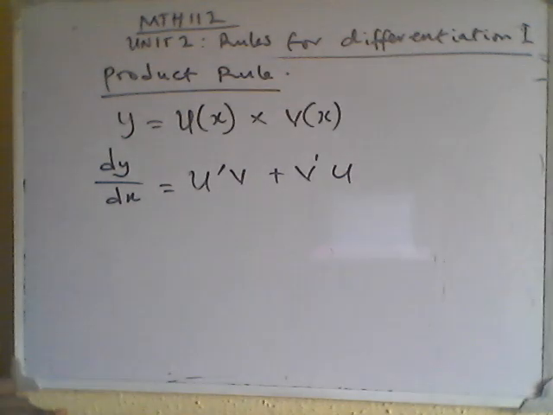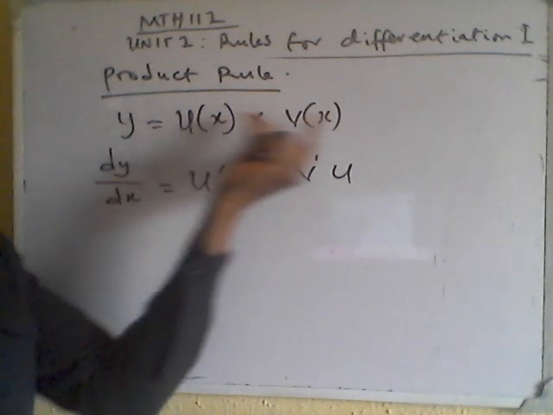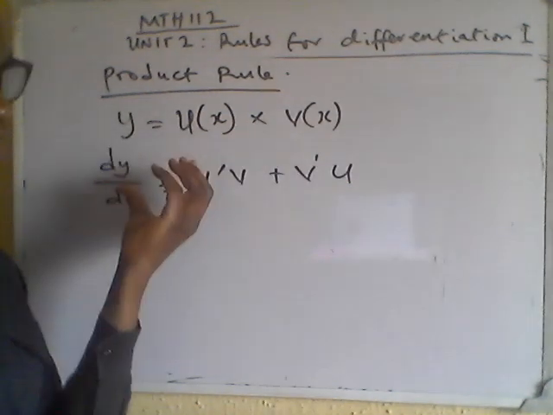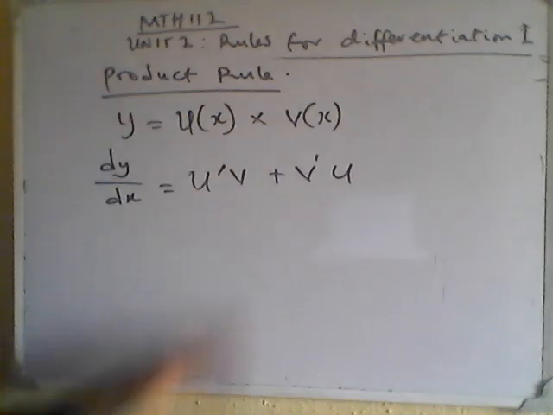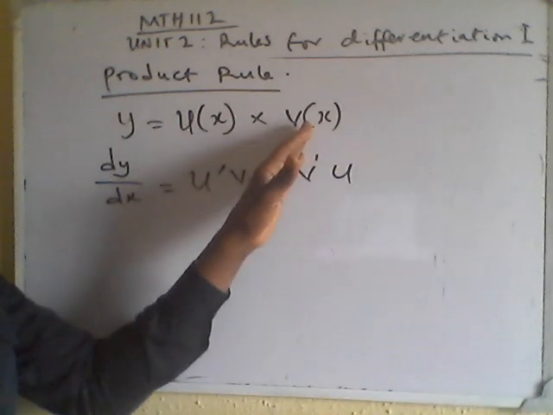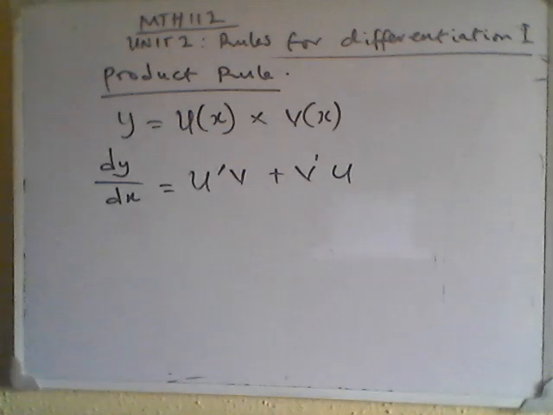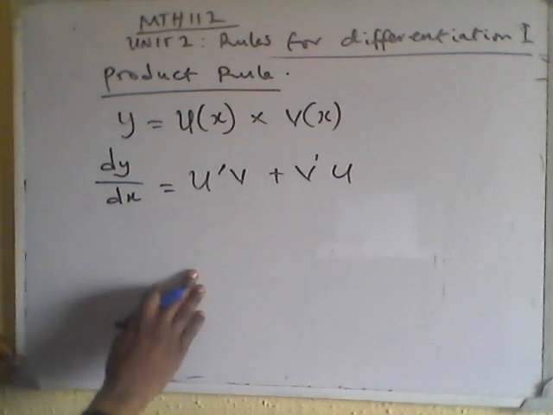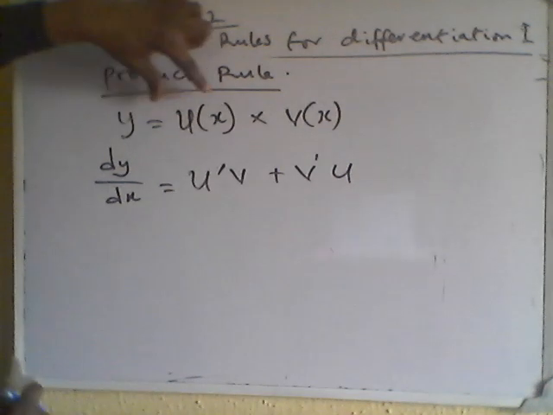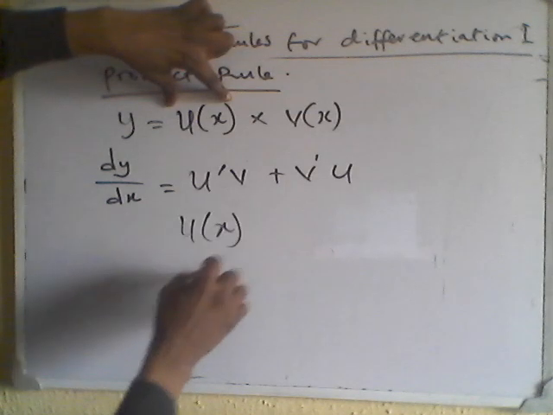So what you do here is that you differentiate this one and multiply by this. That will give us the first term. Then differentiate this one and multiply by this. So I can say this differentiated times this, plus this times this differentiated. You understand? It's confusing, right? Let me do it again. Just hold up.